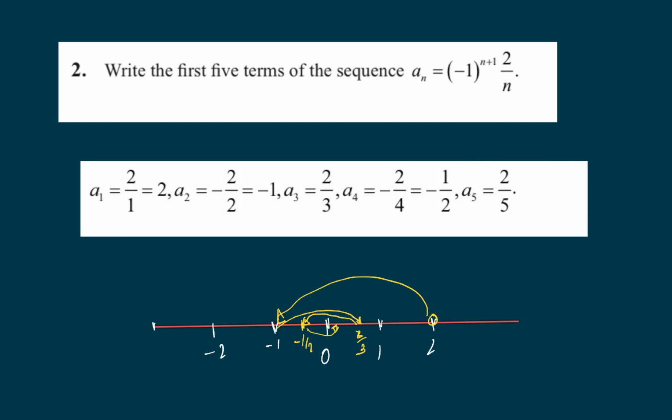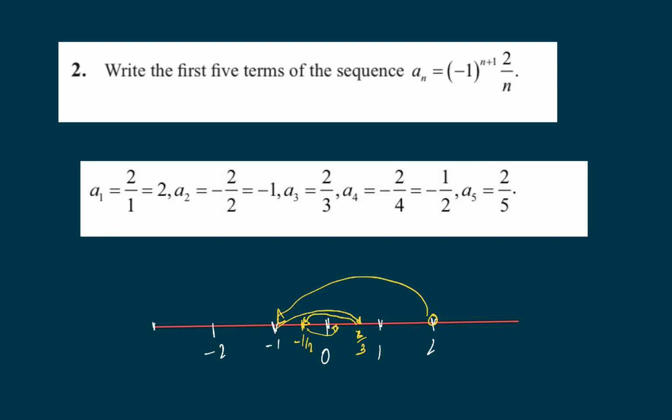A5 is 2/5. So the sequence will do like this. It starts at 2, it will go to minus 1, from minus 1 will go to 2/3, from 2/3 will go to minus 2/4, minus 1/2, from minus 1/2 will go to 2/5, and it will keep oscillating around 0.